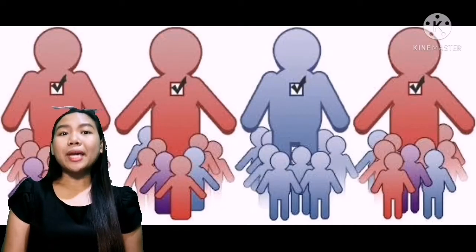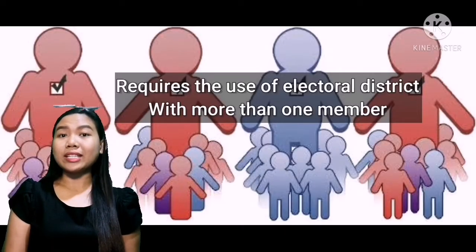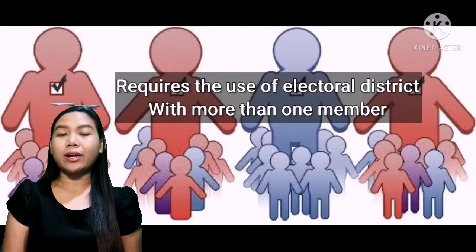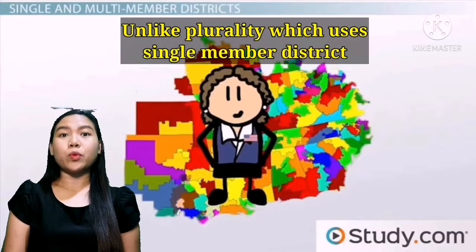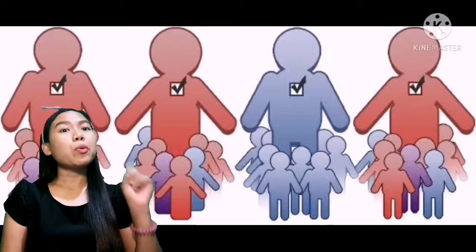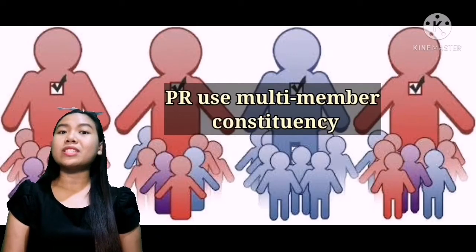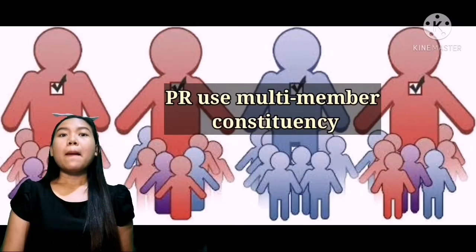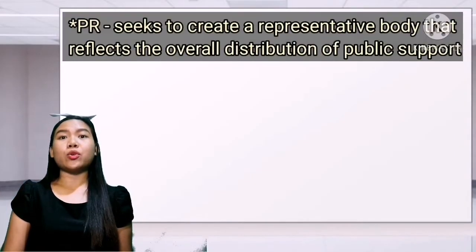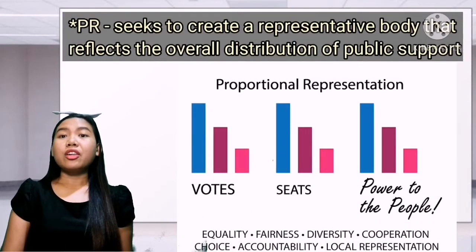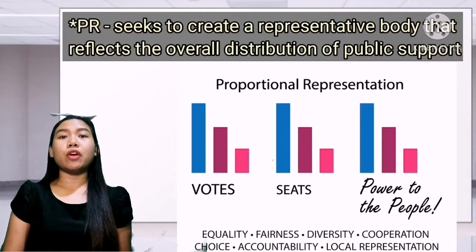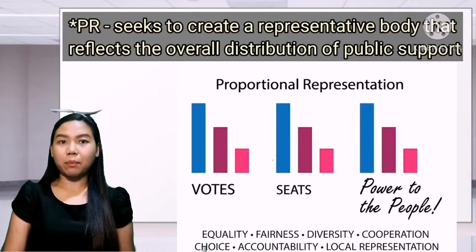First of all, PR requires the use of electoral districts with more than one member. Unlike the plurality system, which uses single-member districts, the proportional representation system uses multi-member constituencies. The PR electoral system seeks to create a representative body that reflects the overall distribution of public support for each political party.